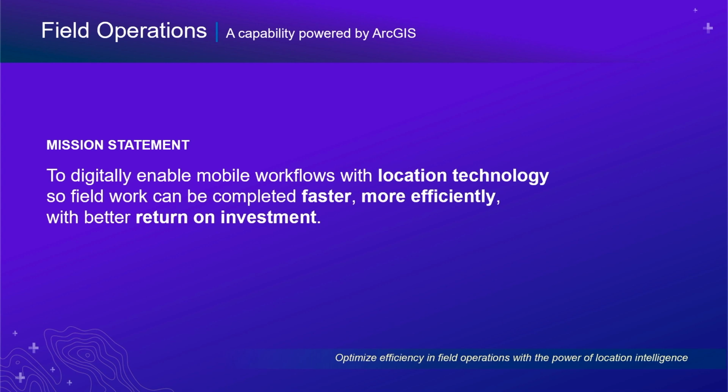We really think about how to bring people forward from those paper-based workflows into the digital age, using location as a key differentiator. When you can use a location to do your work more effectively, we think that you can transform your business and do everything faster, more efficiently, with better return on investment, because a lot of you have already invested in ArcGIS. So we think that by utilizing these mobile apps that we provide on the Esri platform, you can extend that investment and do even more with what you got.